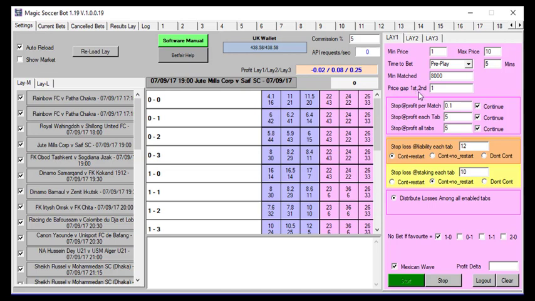The price gap between first and second. Now this is the price gap. If we go over here and have a look, the price gap between, say, 1-0 and the next favourite, or whatever the favourite price is. This is a bad match because there's no money in it. But the price gap means the favourite score and the second favourite score must be within $1 or £1 of each other.